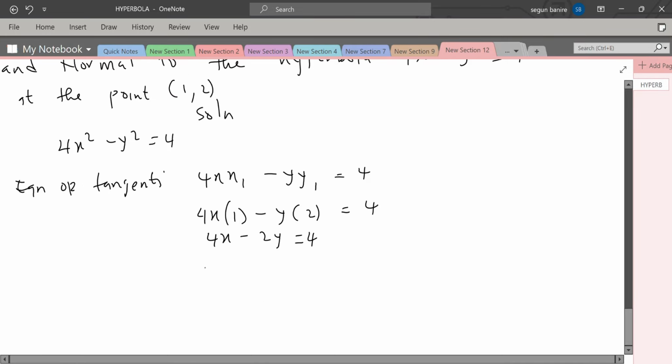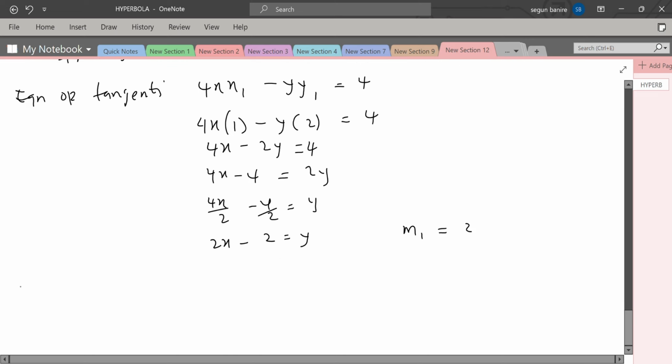If you make y the subject of the formula, you get 4x minus 4 equals 2y. Divide through by 2, so we have 2x minus 2 equals y. So from here, what is m1? m1 is 2. That is your slope. This is the equation we are looking for.